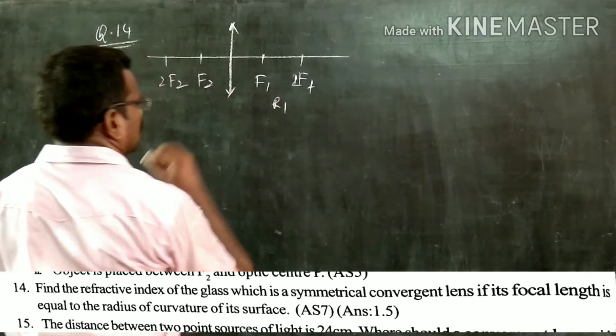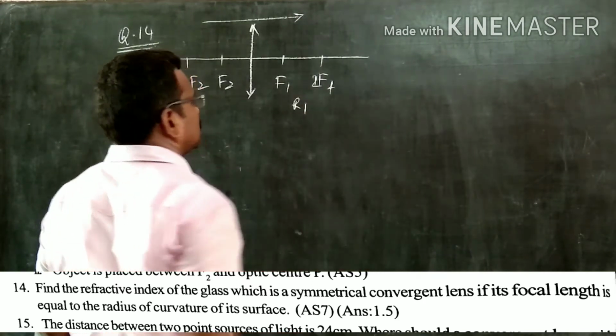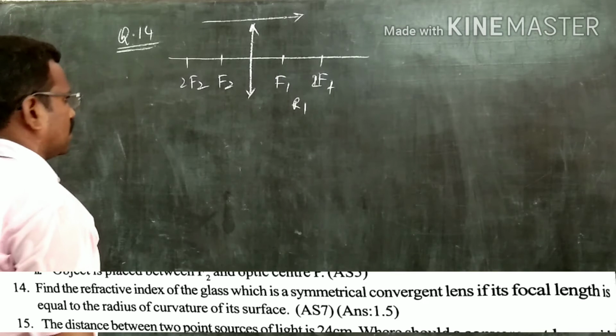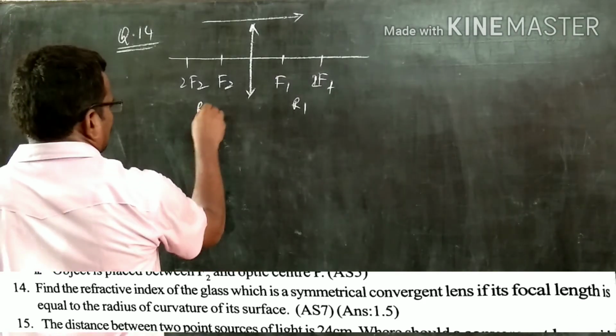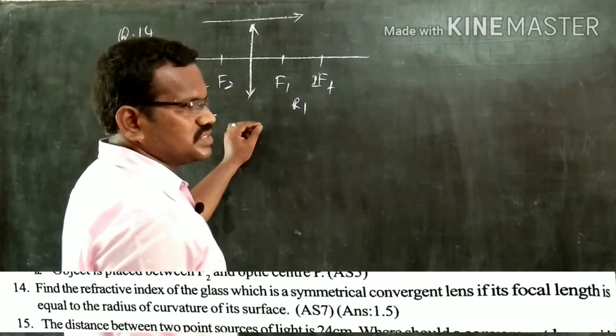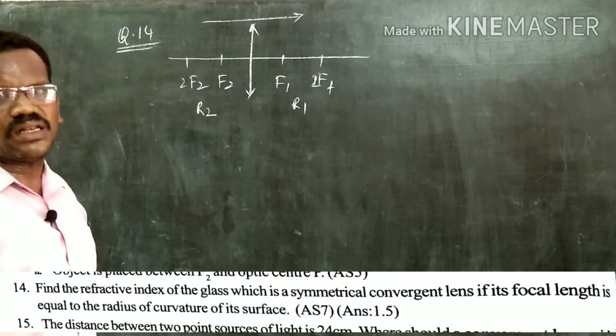This is on the right hand side, radius of curvature 1. Why? Because generally we consider the light rays coming from left to right of a biconvex lens. And then the left hand side becomes R2. This is the word which indicates converging lens. Then what is the meaning of symmetrical?